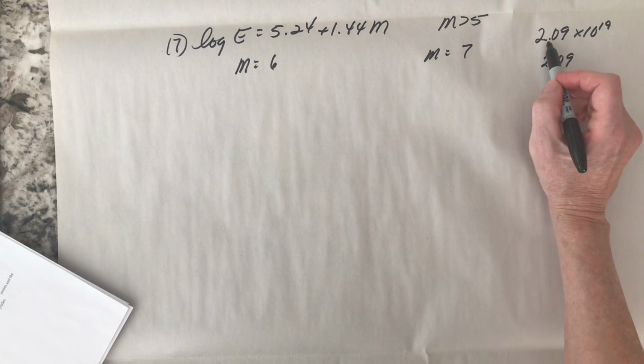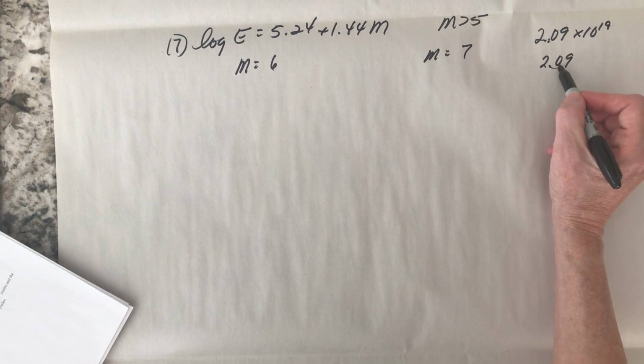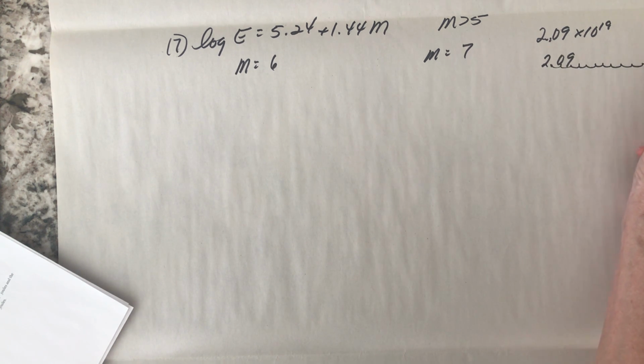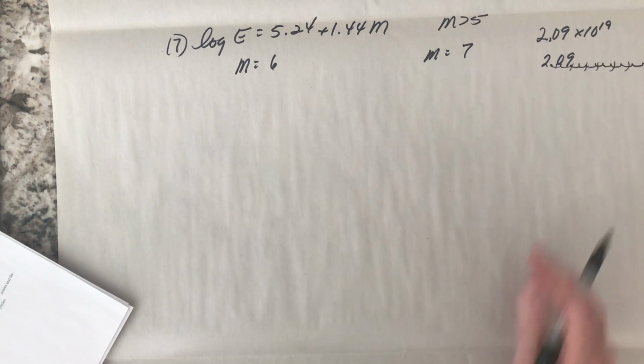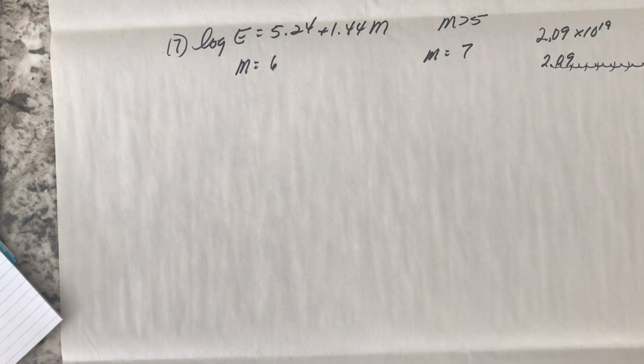That means move this decimal point 19 places to get the actual number: 1, 2, 3, 4, 5, 6, 7, 8, 9, 10, 11, 12, 13, 14, 15, 16, 17, 18, 19. I don't think it's worth showing you how big that number is, but you get the idea. It's huge. So Krakatoa at 2.09 times 10 to the 19th joules is the largest number we're looking at here, between the bomb and the two problems.